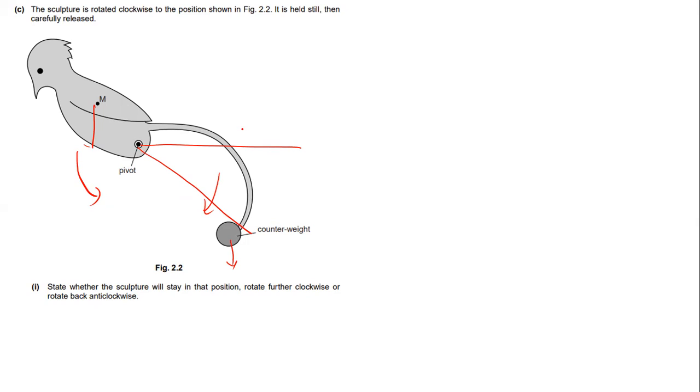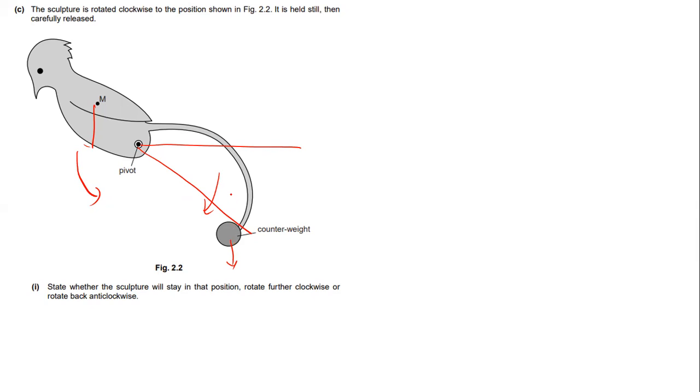Because when the counterweight is pushed down, there's an extra force being added there. So the moment of force increases, but when you release it, that extra force is gone, so the moment of force will go back to what it was before.